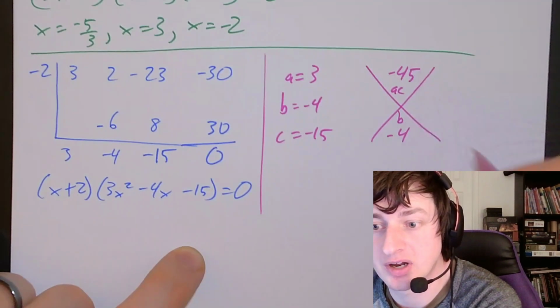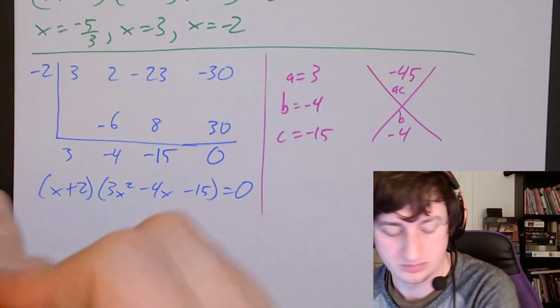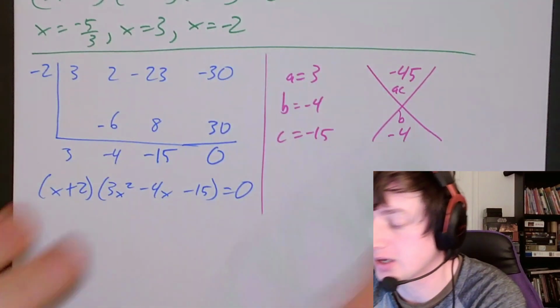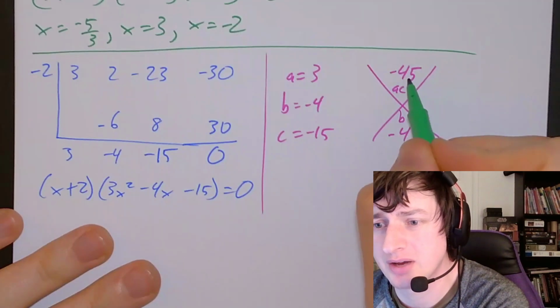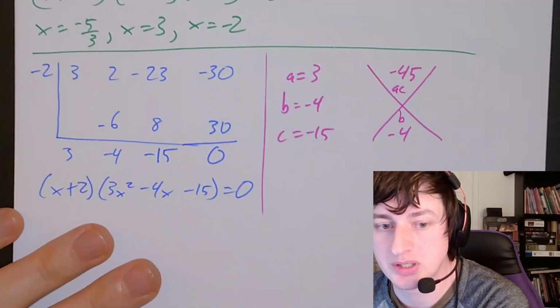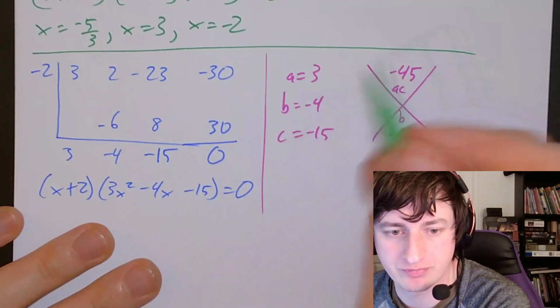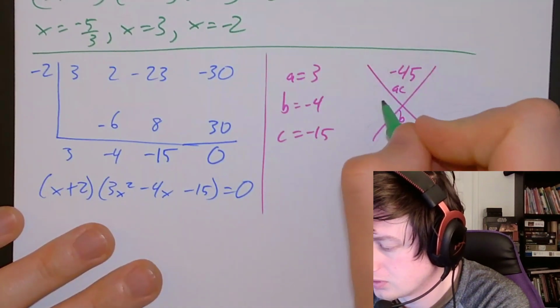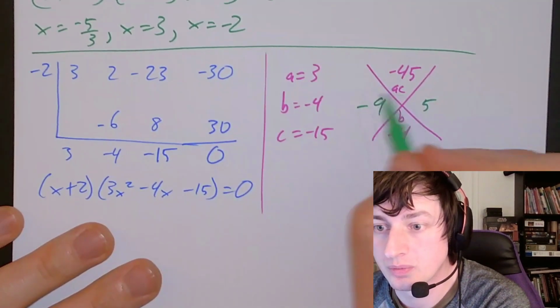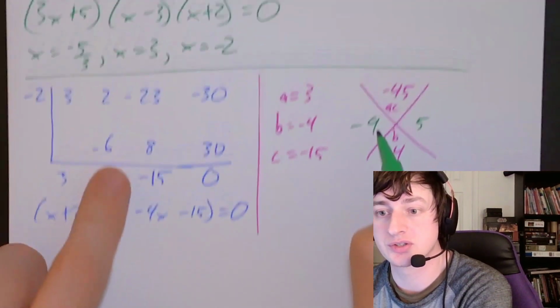Well, it's going to be 9 and 5, I think. I did that pretty fast in my head, but just check what numbers multiply to make 45 and add to make -4: go through 1 and 45, 15 and 3, until you get 9 and 5, right? And this one's negative.